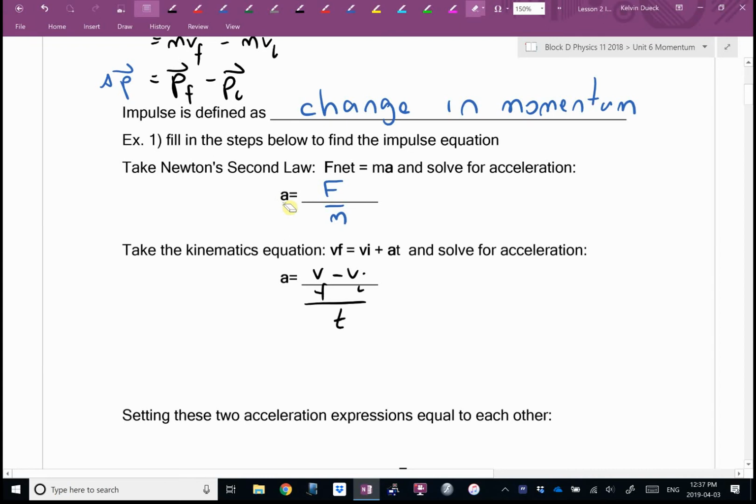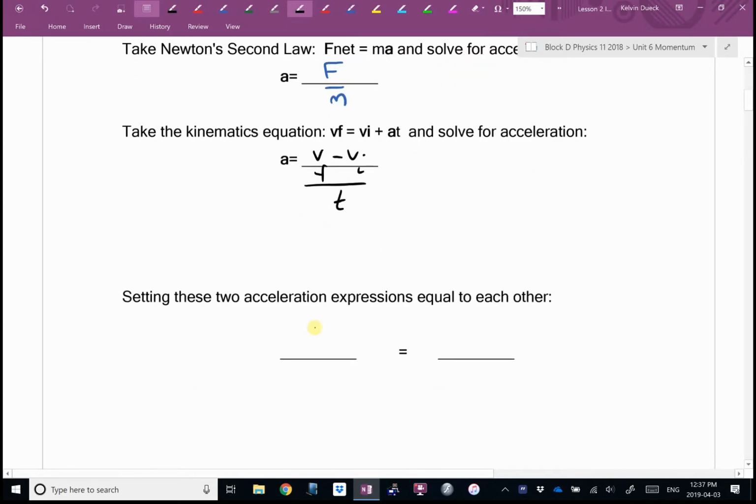A equals... So a equals F over m, and a equals Vf minus Vi over t. So this equals a, and this equals a. Well, then they must equal each other, because they both equal a. That's what we're going to use to derive a new equation. We're going to say, okay, F over m equals Vf minus Vi over t.